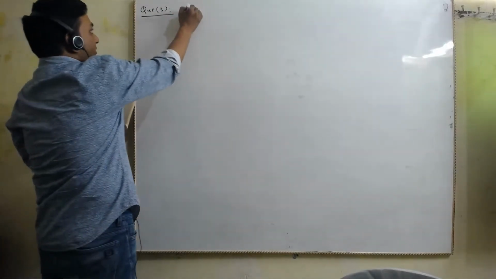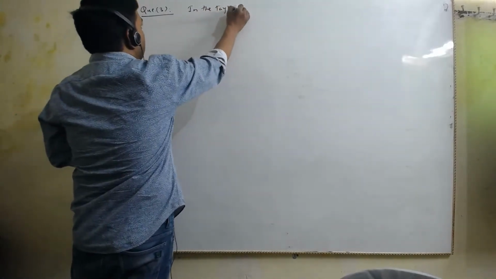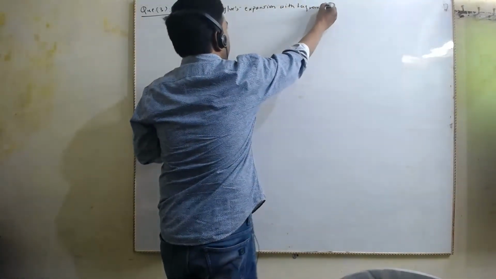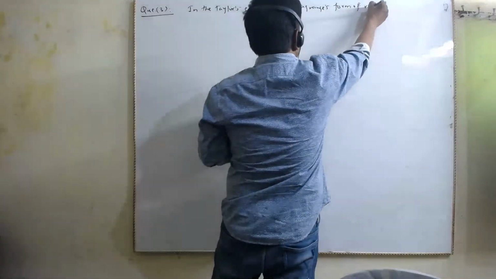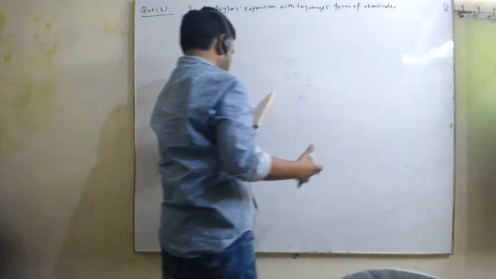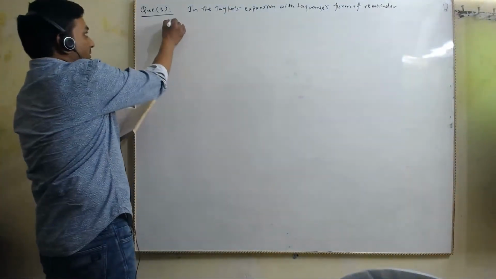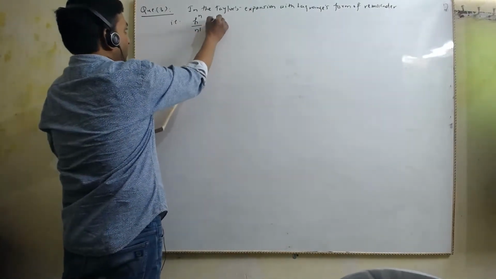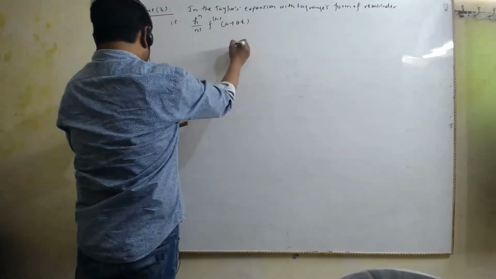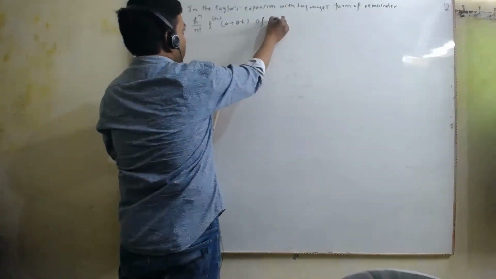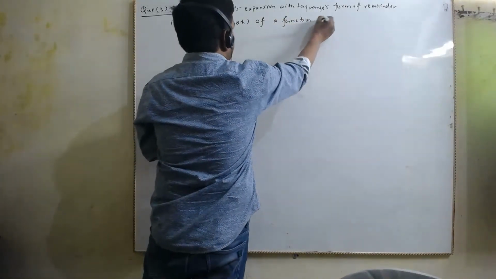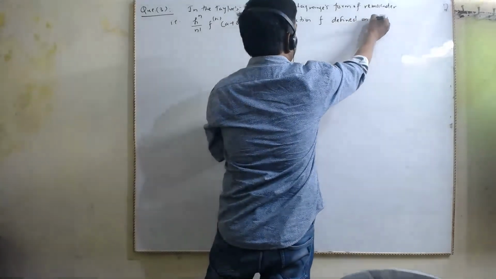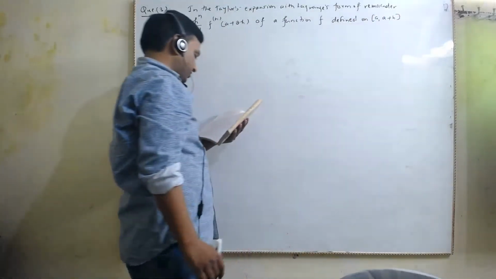In the Taylor's expansion with Lagrange's form of remainder, that is h raised to the power n upon n factorial nth derivative of f at a plus theta h, of a function f defined on a to a plus h.